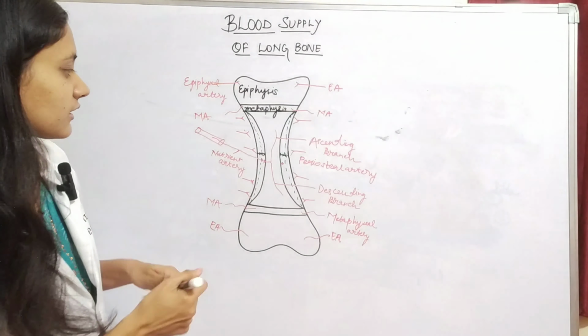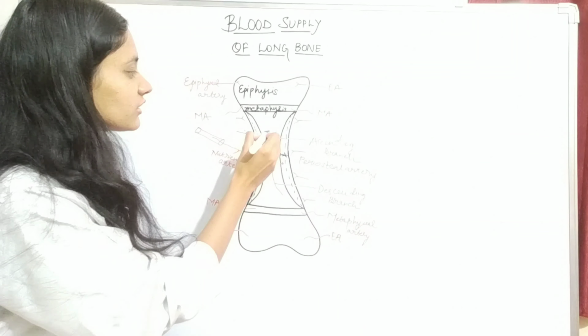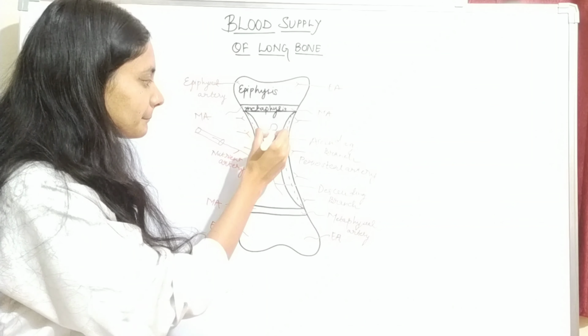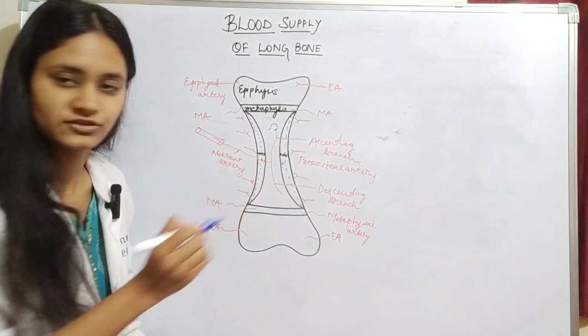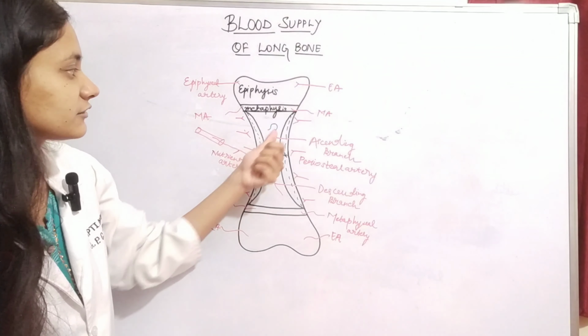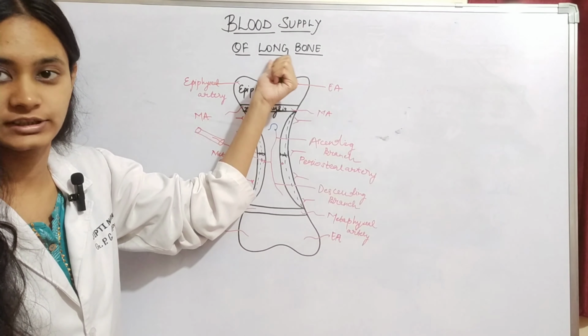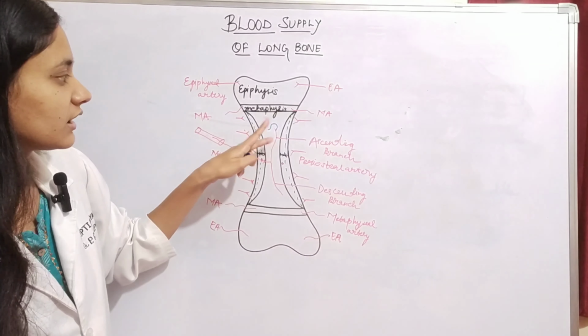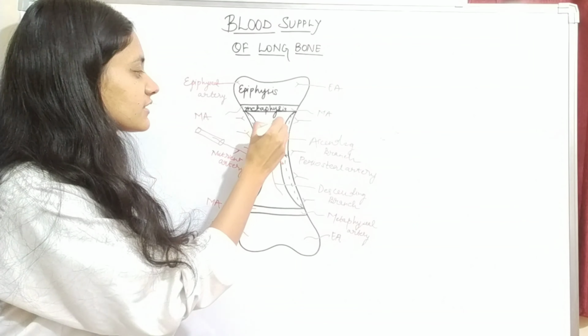The nutrient artery will form the ascending branch. Here the ascending branch forms a hook-like, hairpin-like structure, and if there is a short long bone, instead of this hairpin-like structure, a plexus kind of structure is formed.